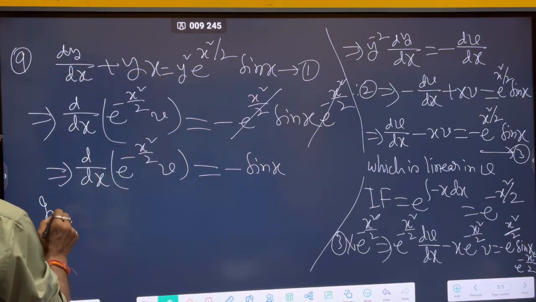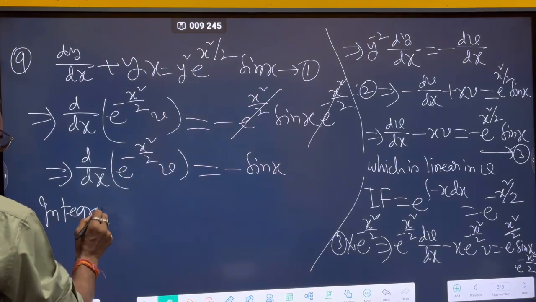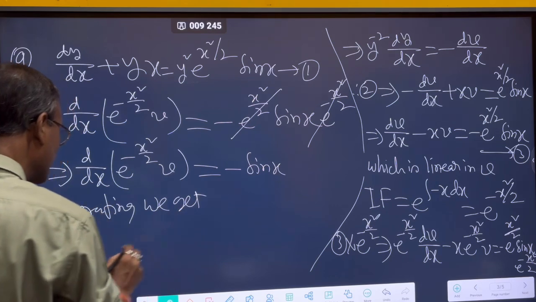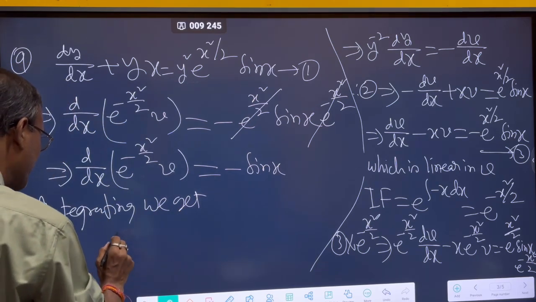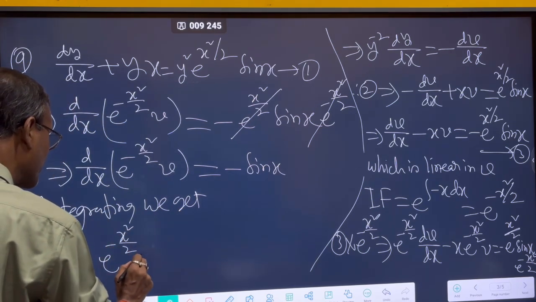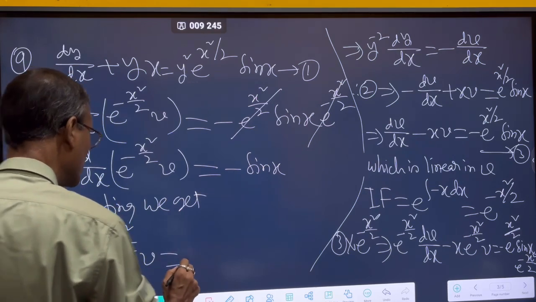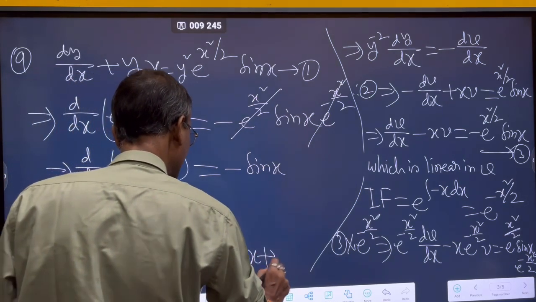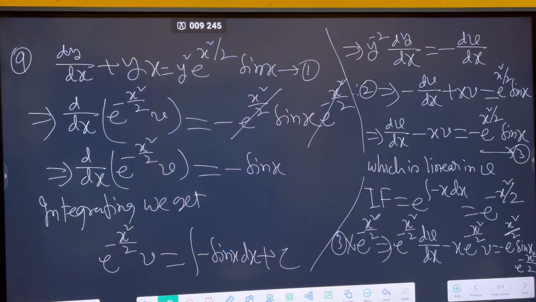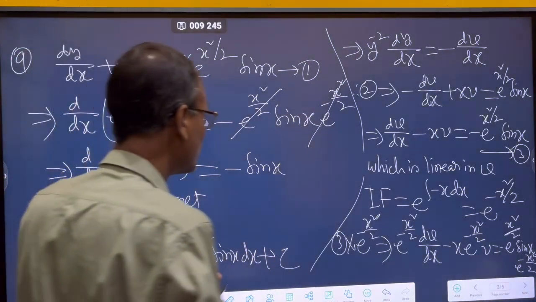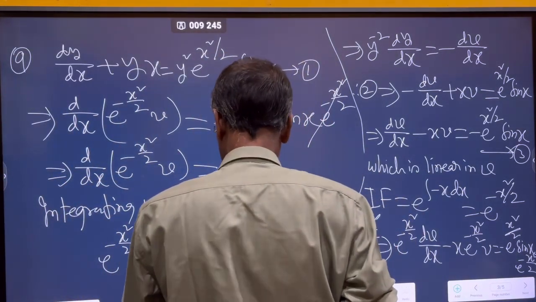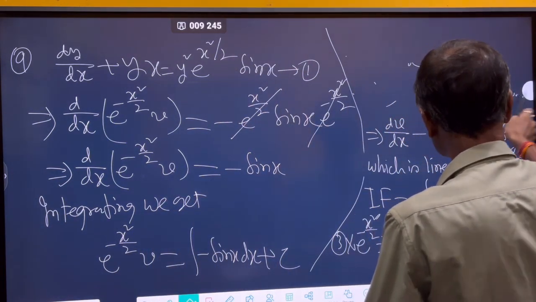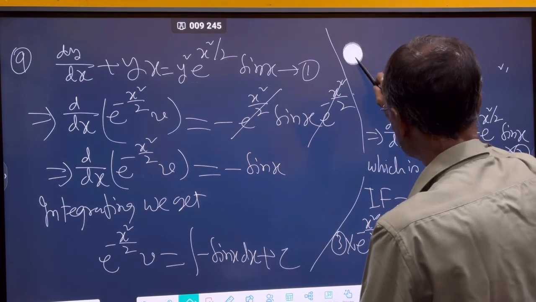Now, integrating we get e to the power minus x square by 2 into v equal to integral minus sin x dx plus the constant of integration. What is v? v is equal to y to the power minus 1.